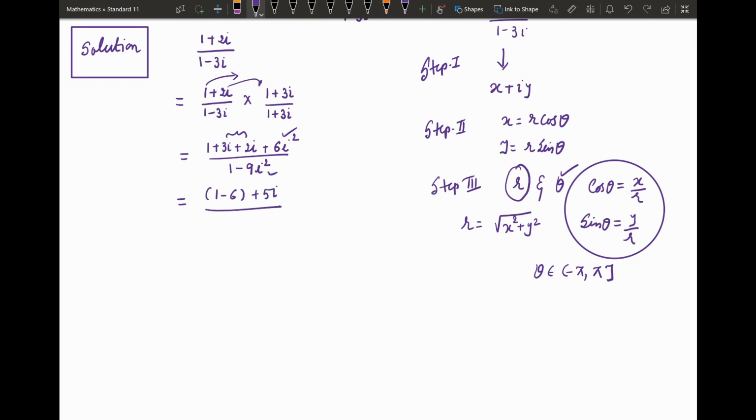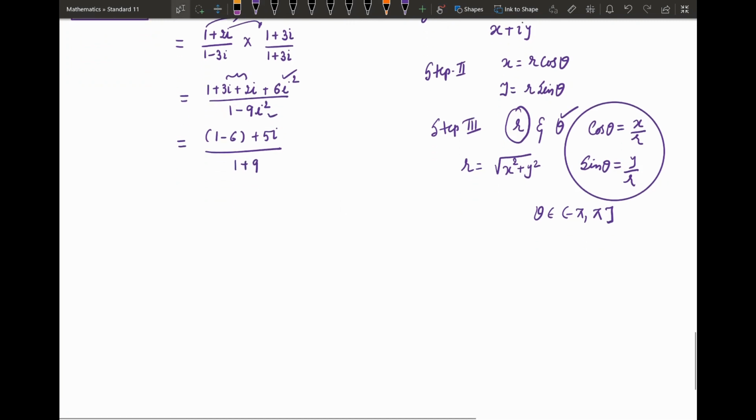In the denominator, i square is minus 1, so minus minus plus, 1 plus 9. So 1 minus 6 is minus 5, plus 5i upon 10. So this is minus 1 half plus 1 half into i.